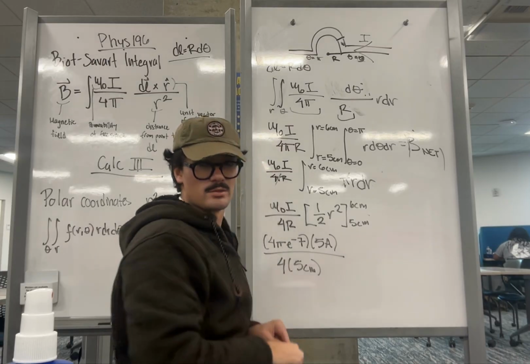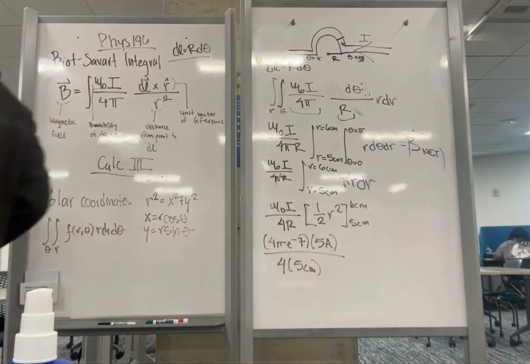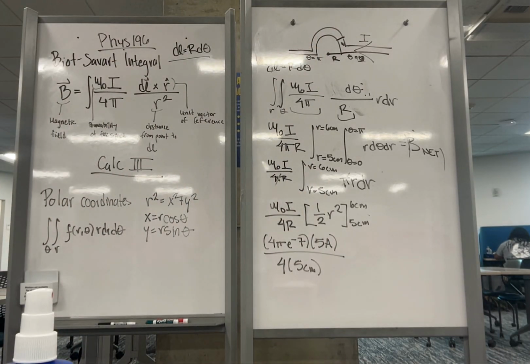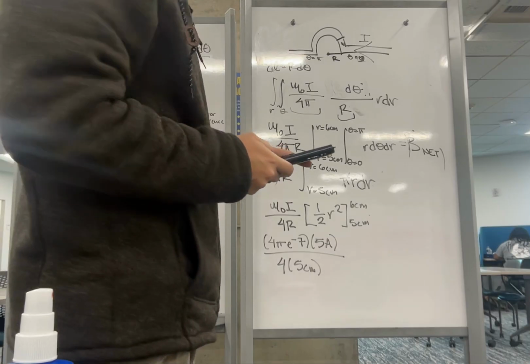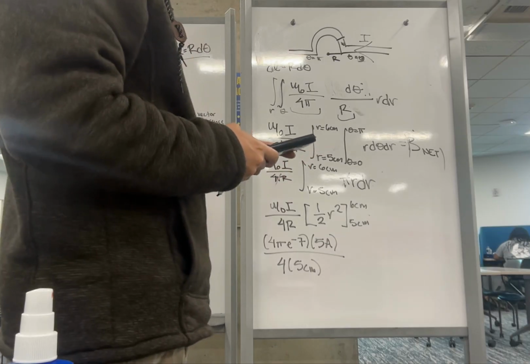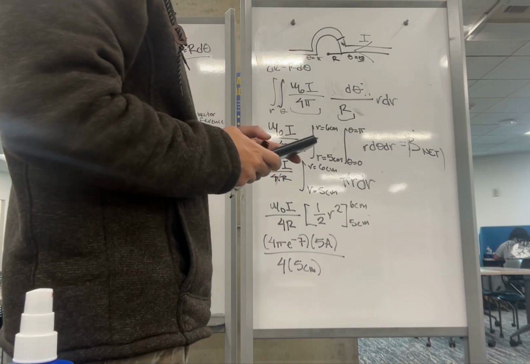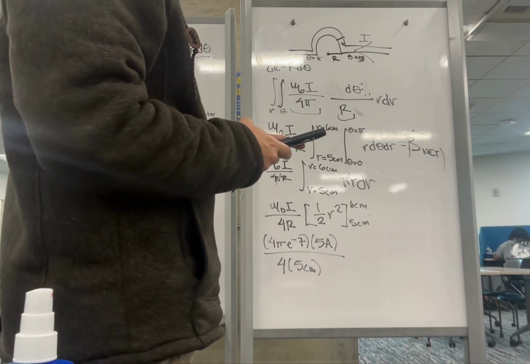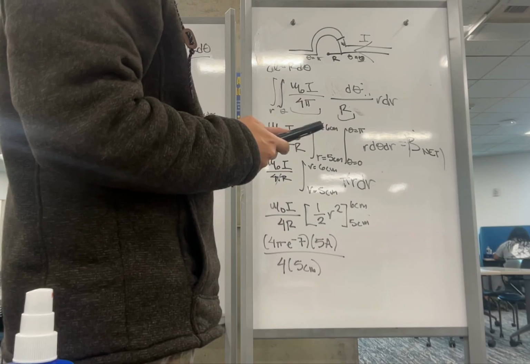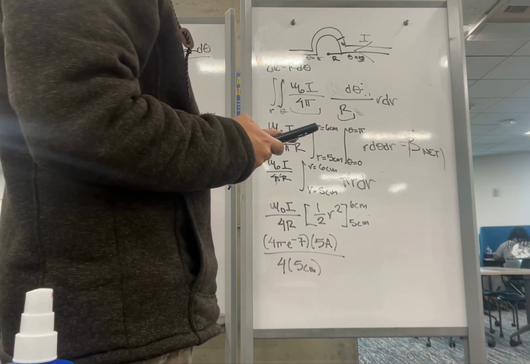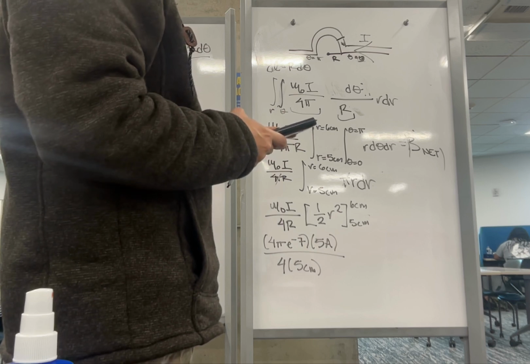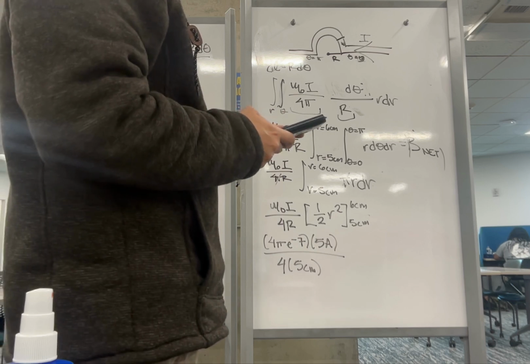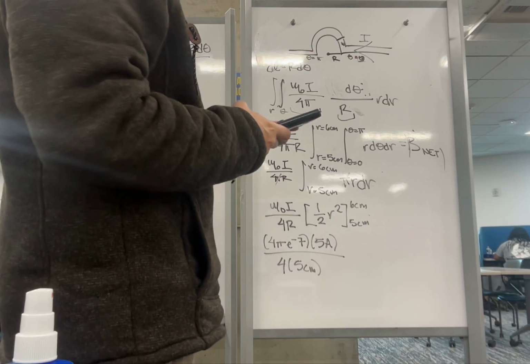So I'm just going to use a calculator for this. I'm not going to expand this. I'm just going to plug it in directly. 1 divided by 2 times 6 times 10 to the negative 2 squared, minus 1 divided by 2 times 5 times 10 to the negative 2 squared.